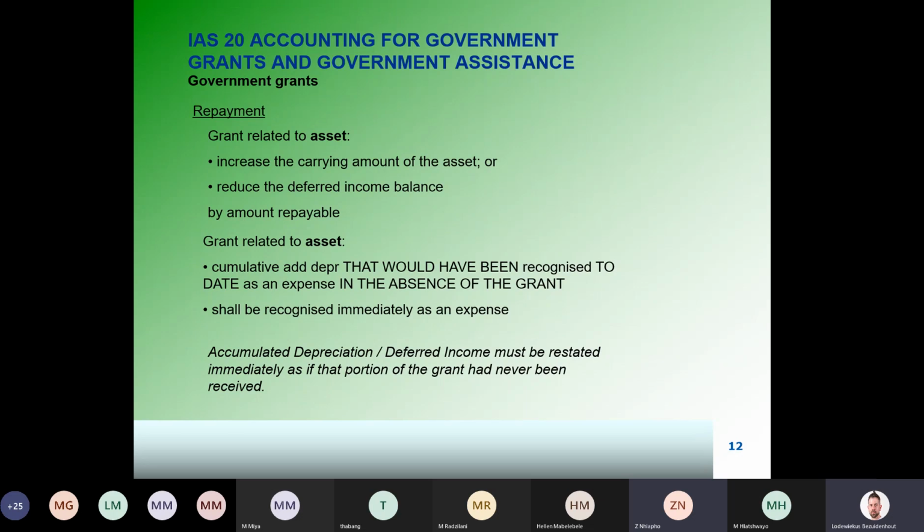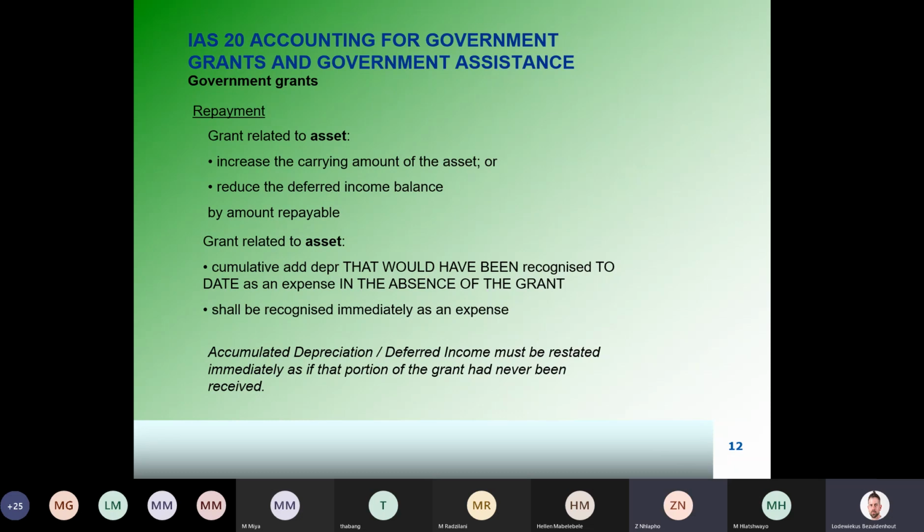If the grant is asset-based and it is linked to the asset and we reduce the cost of the asset, what happens to depreciation? We say cost less the grant to get the depreciable amount. So that means our depreciation each year is less. So if we have to repay the grant, what must we do with the asset's value? We must increase the carrying amount of the asset. And that's the first line there, if it is related to an asset. Because we deducted the grant previously, we must now increase the asset's value with the grant repayment amount.